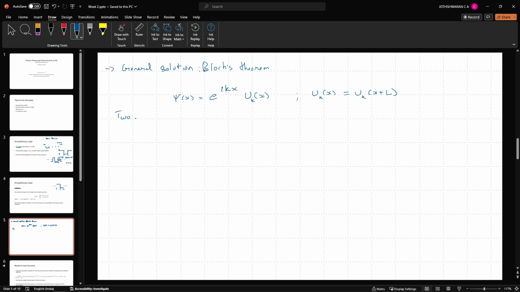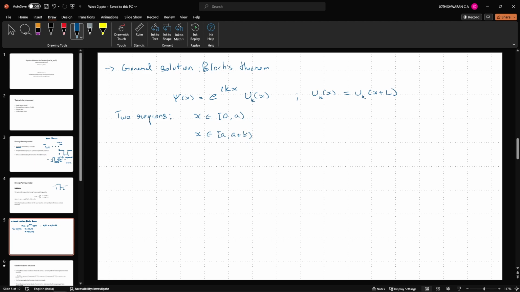So the two regions are as follows. First is x belonging to 0 to A, and the second region is x belonging to A to A plus B. I'm putting the open intervals on both of these sides just to indicate the discontinuity of the potential energy function.